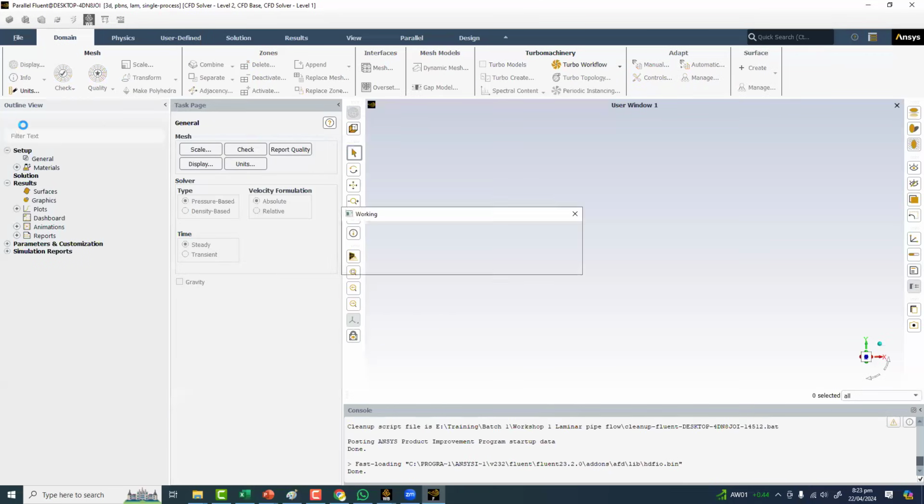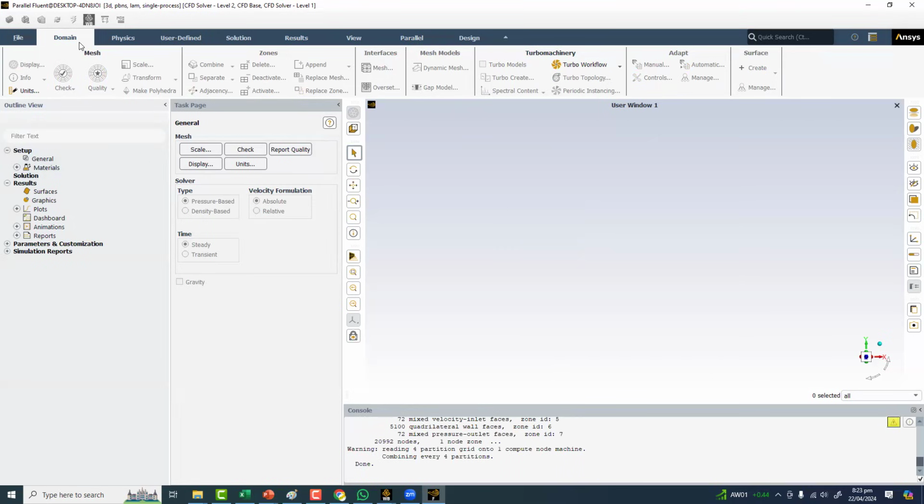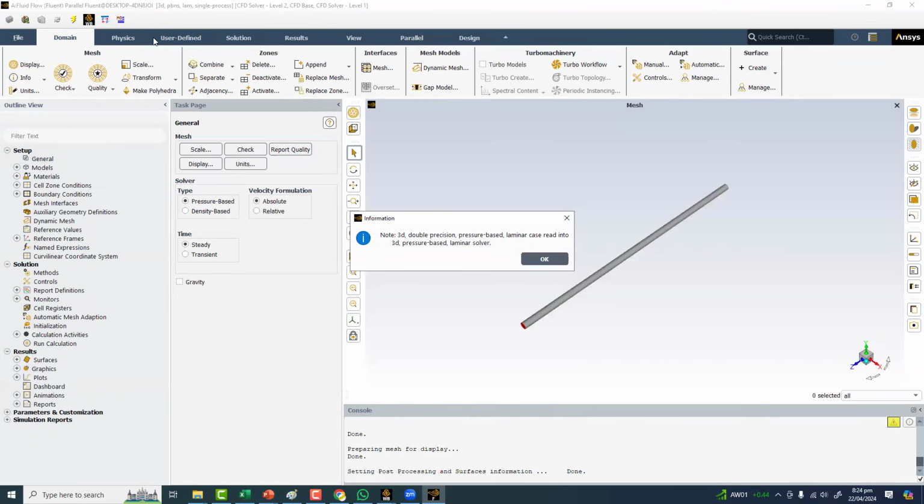Okay, the first thing that you will see is that you can either go to these menus here, and for every menu we have options. The same thing is also available over here on the left side. For some cases, I prefer working on these vertical menus, vertical options, and sometimes I go to the options over here.